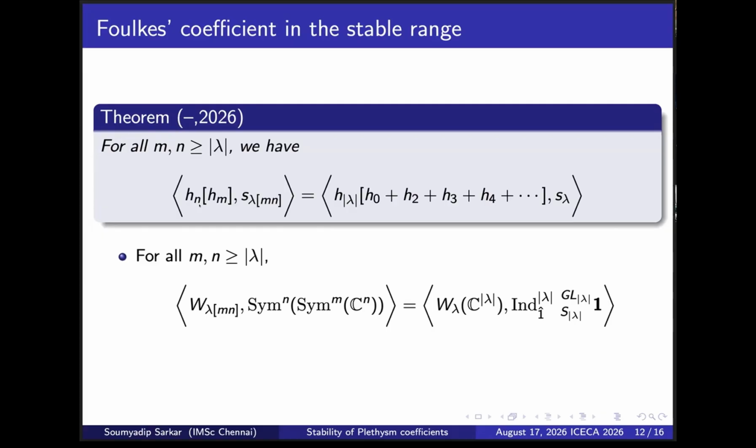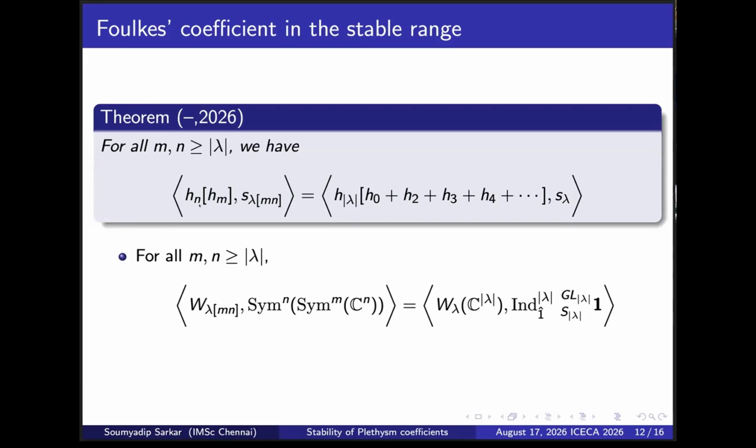And on the right hand side of this equation, there is no m and n. So the role of m and n is not important once m and n are large enough. That's a concrete interpretation of this stable restriction coefficient: they are actually characters of some module.